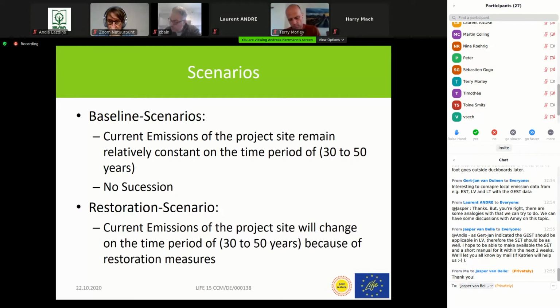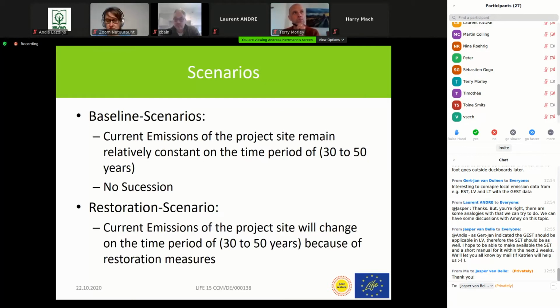And we also have scenarios with a development of the water tables in the different project sites, and calculate the amount of saved greenhouse gas, or the amount of greenhouse gas emissions, based on the different GEST types.